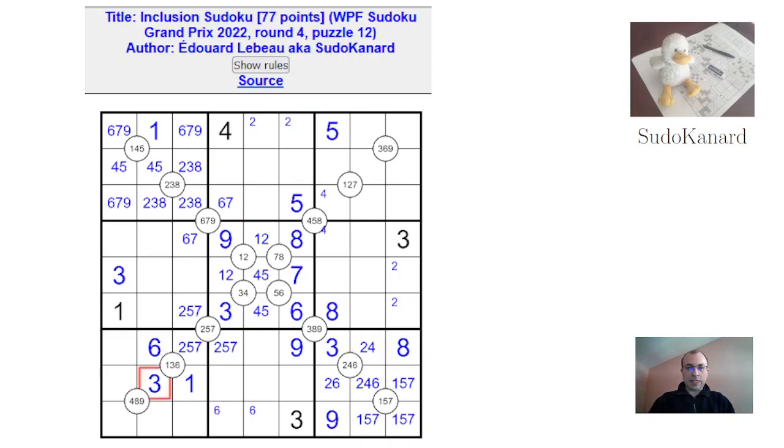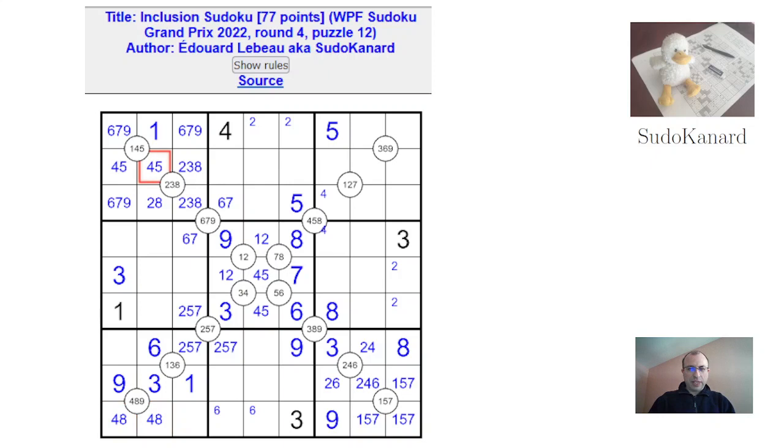This is not 6. This 3 is now removed from this cell. So there's a 3 here, but I don't think it's useful to pencil anything about this. There's a 4, 8, 9 triple here, but actually there's already a 9 here. So that's a 9. And that's a 4, 8 pair.